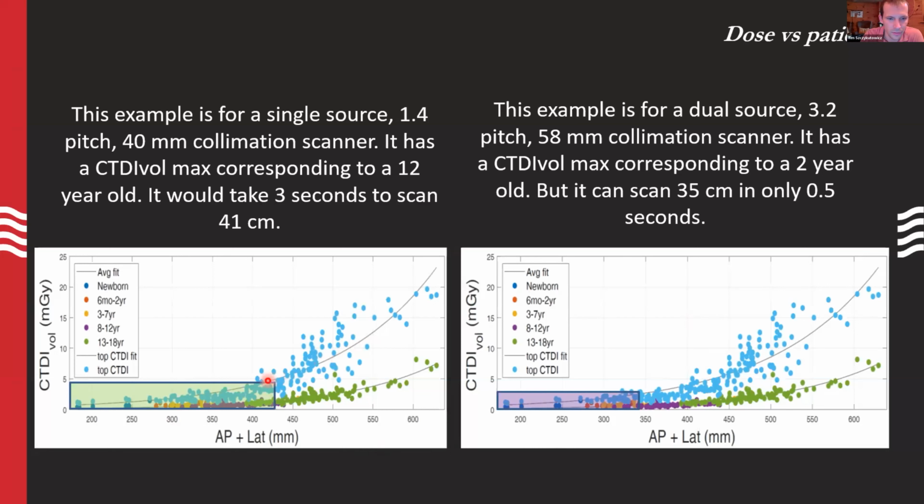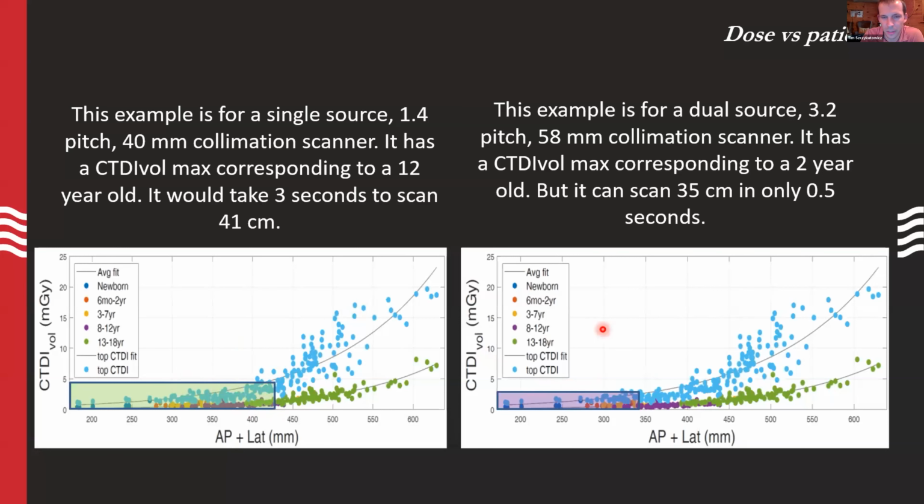That's somewhere on this curve. Okay, here's a laser pen. So this box, where it intersects this top curve of the CTDI I need as a function of all these patients, that's the limit of that protocol. I can't go to the right anymore. In other words, the protocol as it's set up right here can only go up to patients this size and below. Over that, and the MA would start to max out.